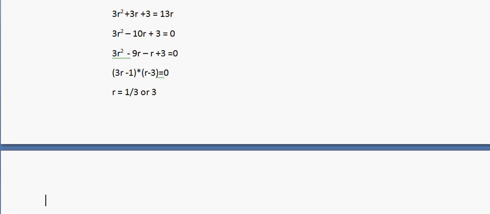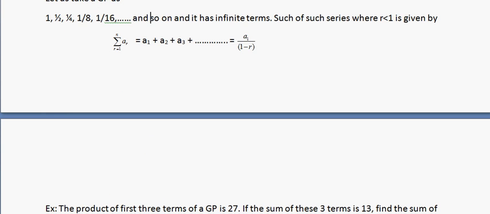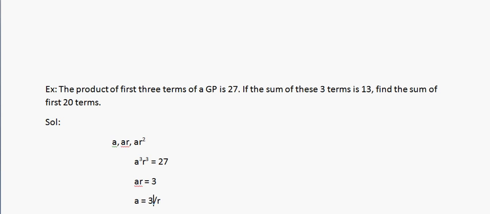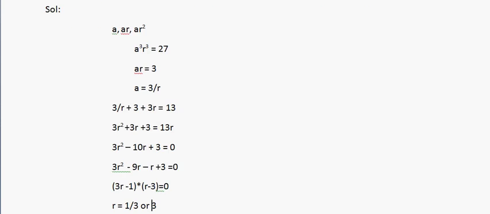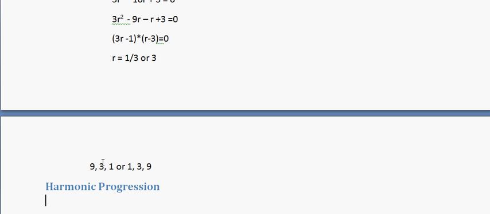So what can be the 3 terms? The 3 terms can be 9, 3, 1, or it can be 1, 3, 9, right? So these are the 3 terms of this GP. What we have to now find is the sum of the first 20 terms, right? Since we have 2 kinds of series, we would have 2 answers for it.